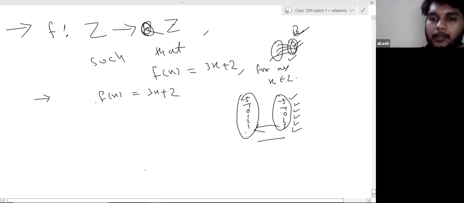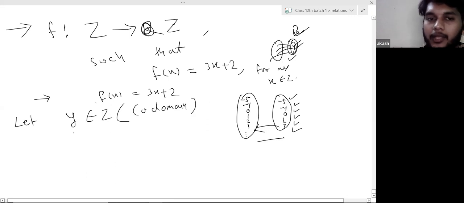Right, so what is the method to solve? We say let y belongs to Z. What is Z here? Z is the codomain. We are choosing one element from this set B, codomain, such that f of x equals y.